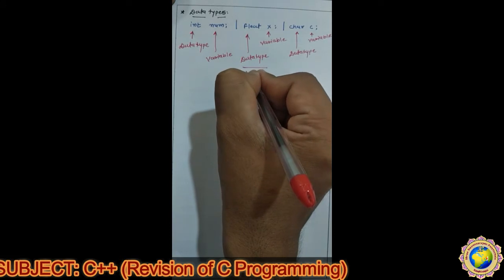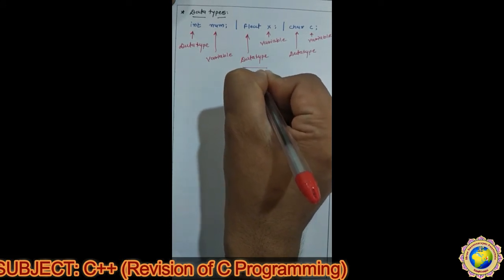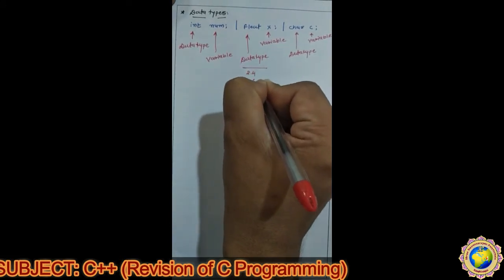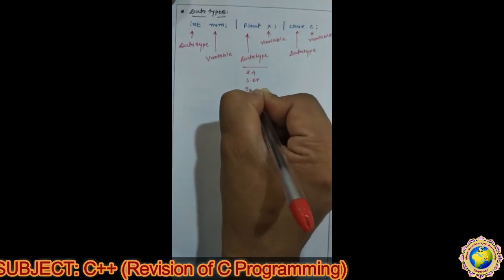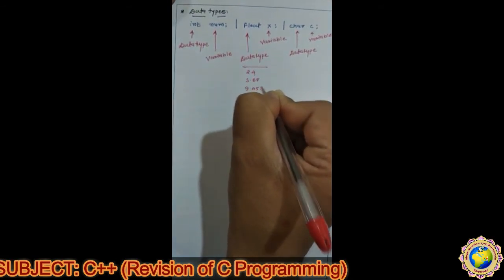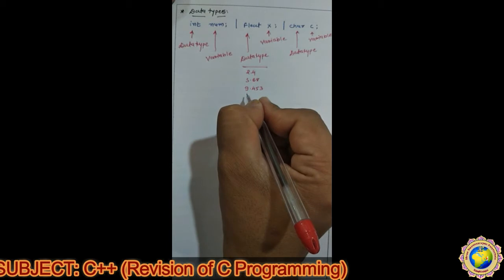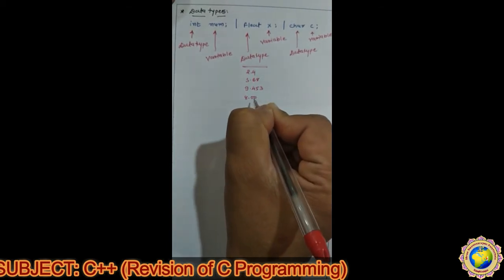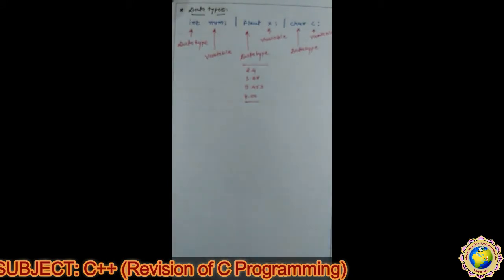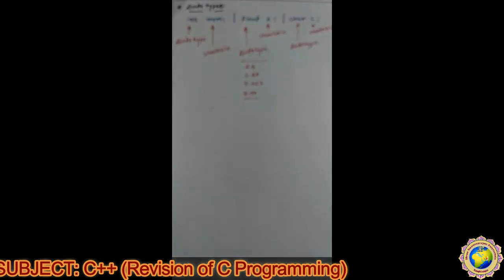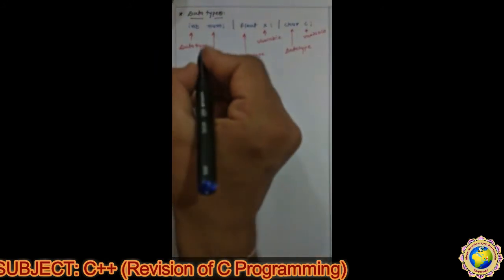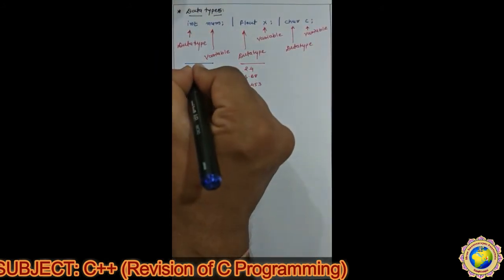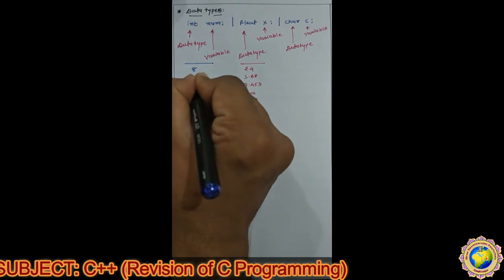In the float you can store 2.4, 5.68, 9.453. Even if you store a numeric value, the value becomes 8.00, just like that. In the integer you can store this kind of value.